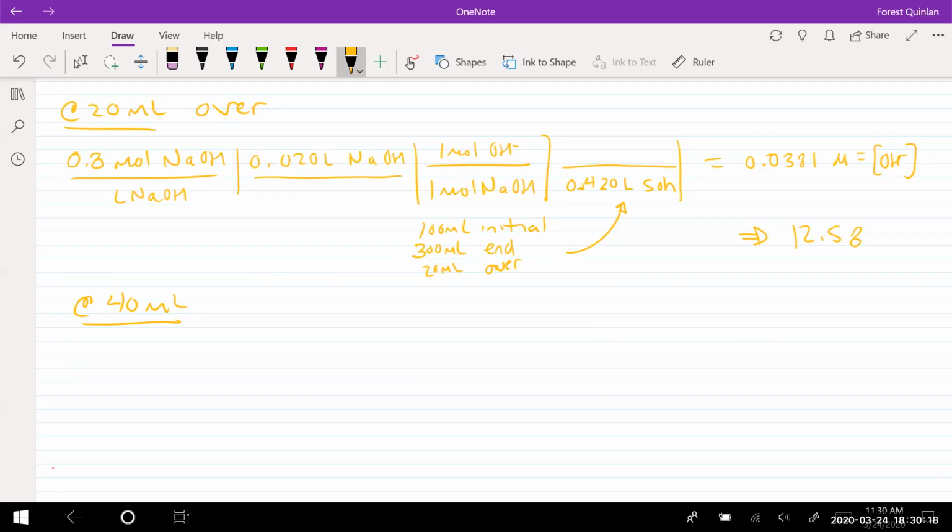are we okay just saying ditto, ditto, ditto? Oh, no, it's actually not going to be ditto. We can't do that, sorry. Unless we can do a ditto till the end, I might as well just do the whole thing. So that's 0.8 moles of sodium hydroxide per liter of sodium hydroxide.